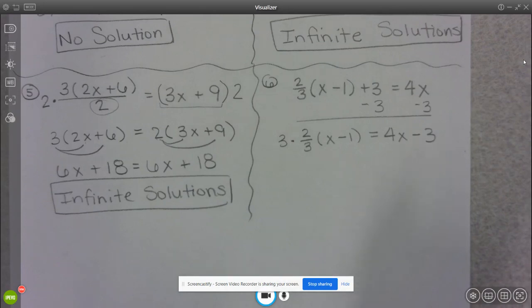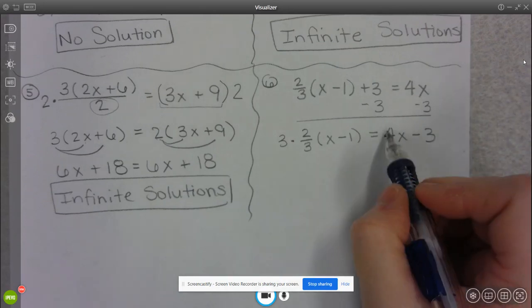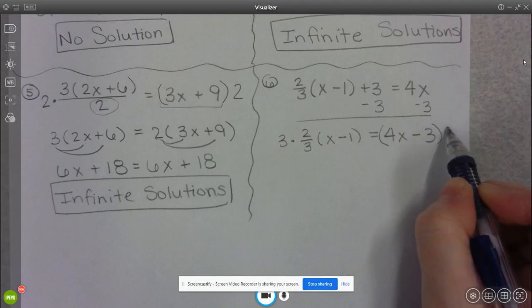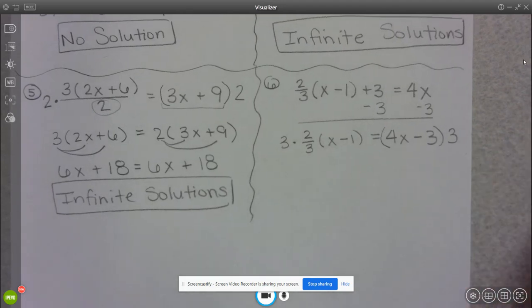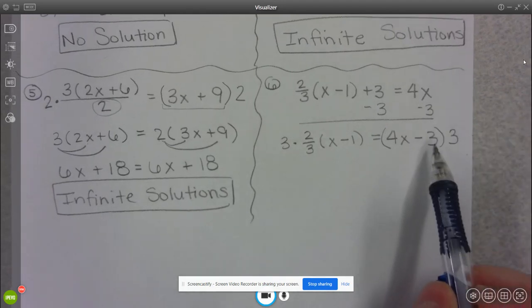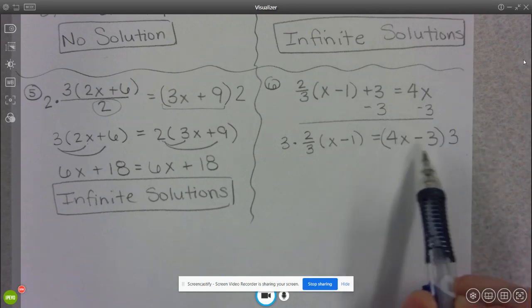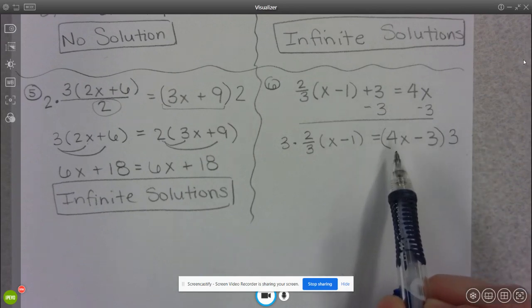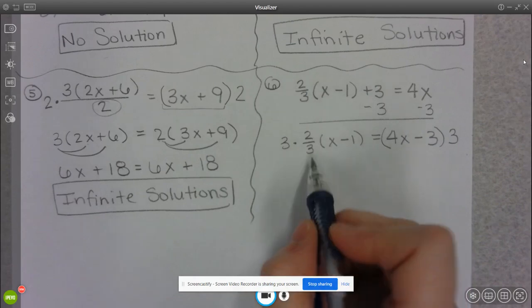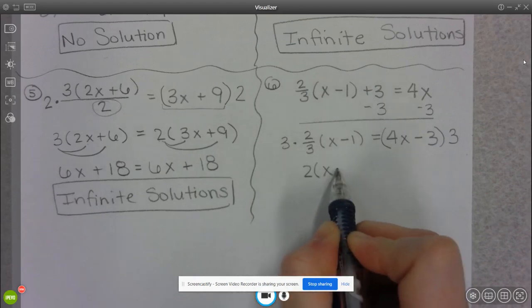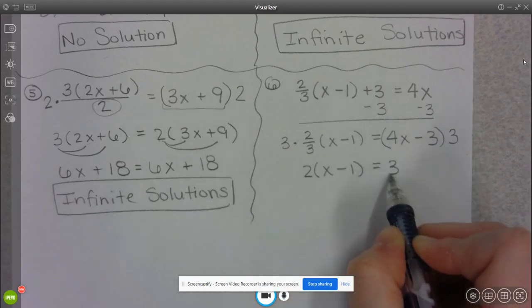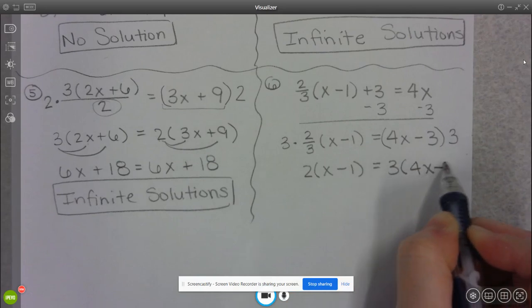But I'm creating a new set of parentheses that I'm going to have to distribute with because there's 2 terms on this other side of the equation that I need to multiply with. So I'm going to have 2 times x minus 1 being equal to 3 times 4x minus 3.